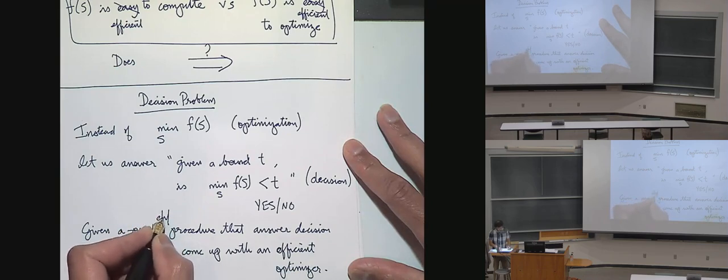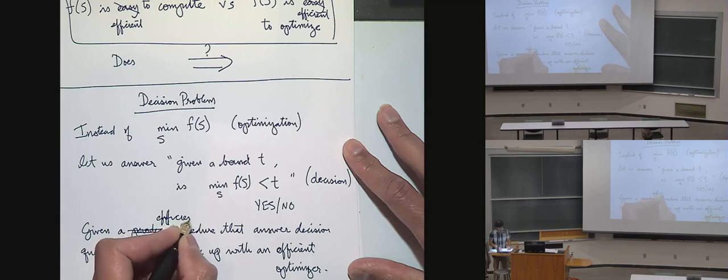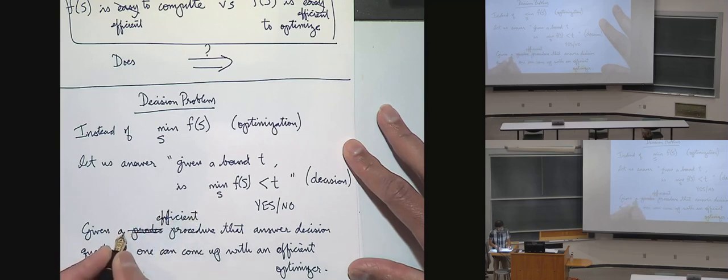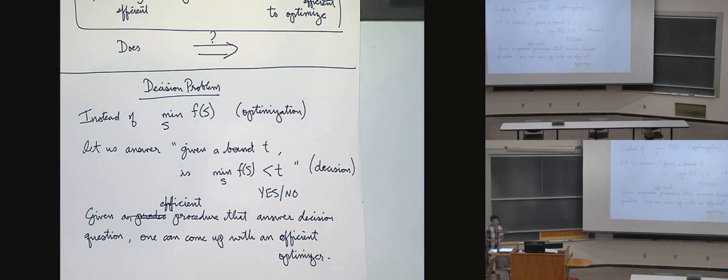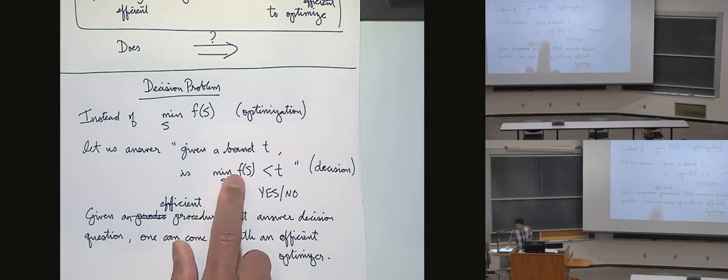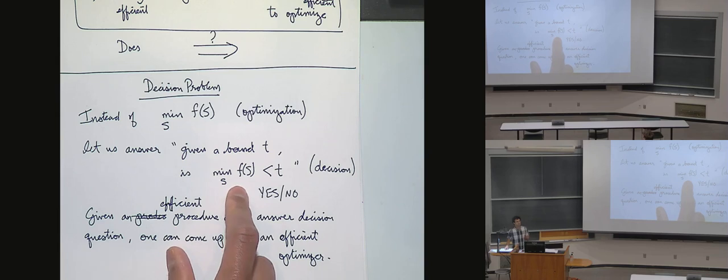Yeah, I should say efficient. So why is that? Suppose the shortest path, I'm not asking you to compute the shortest path, just the weight of the shortest path. If I could somehow figure out a way of just doing this, how could I use that to actually solve the optimization problem?